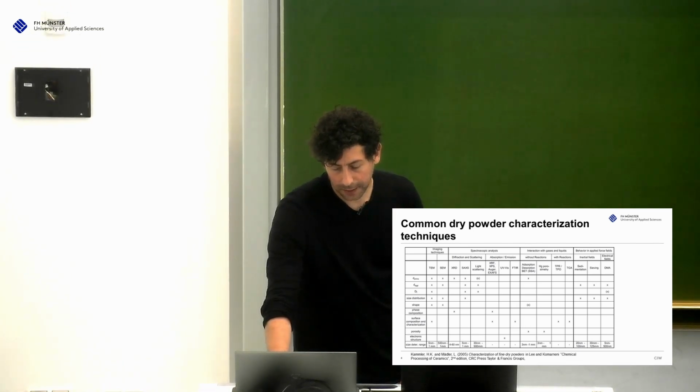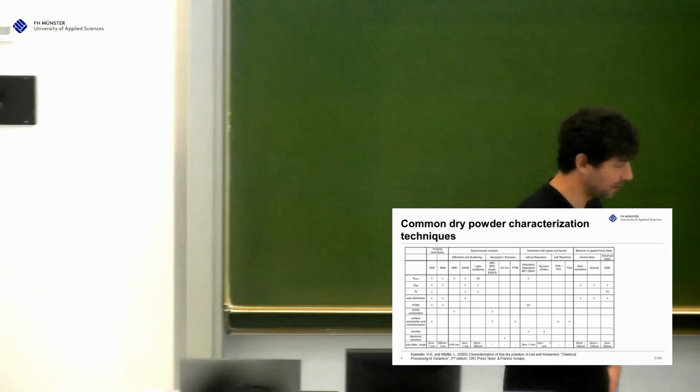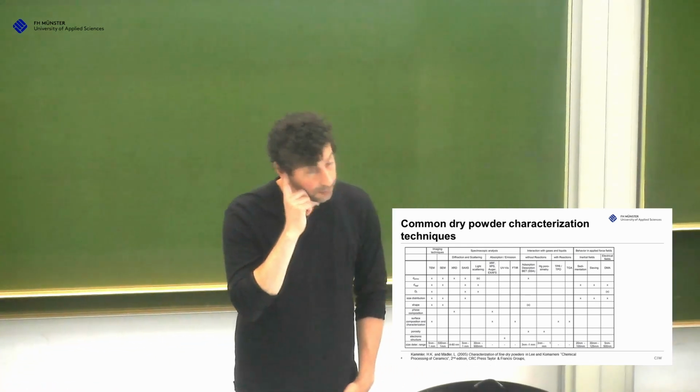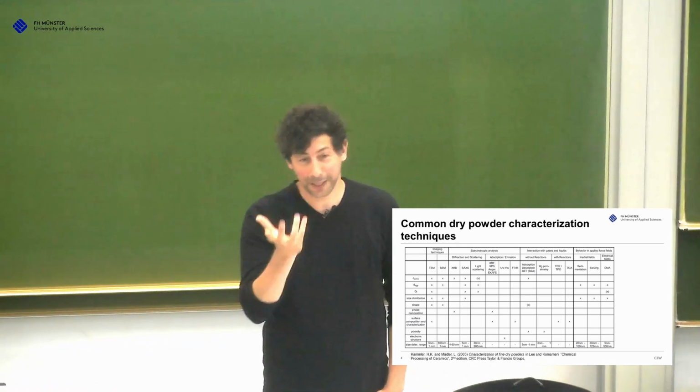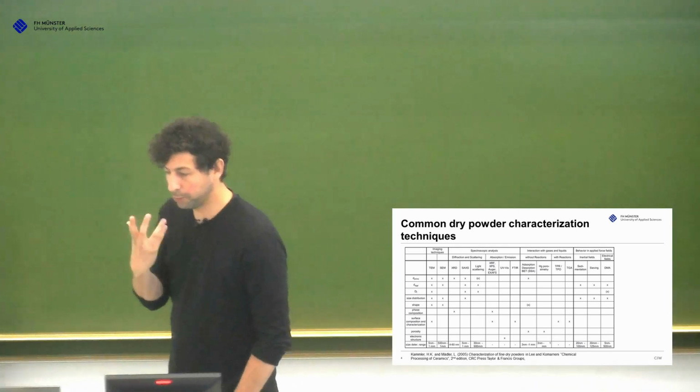So these are all surface techniques. Then there is one that is important: adsorption, desorption, BET. Who works with BET already? That's a pity. Maybe I have to introduce it then in the lab class, because I will get a BET now. And BET is a very simple but very powerful tool.